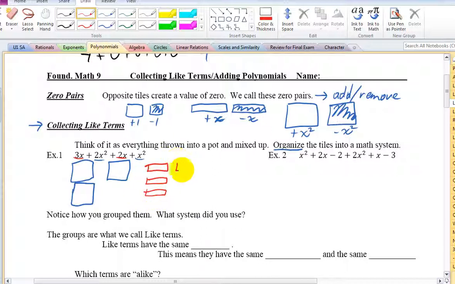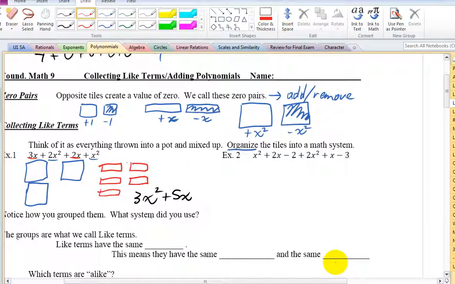And then the plus 2x. Okay. So all together, what do you have? 3x squared plus 5x. Right? And your coefficients tell you how many there are. It's that simple.